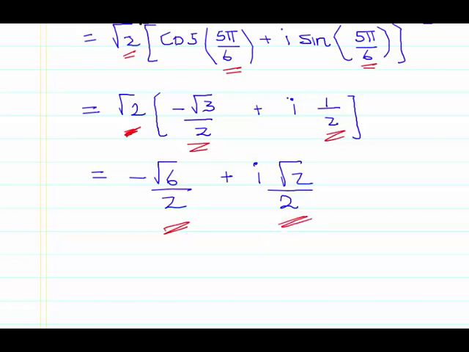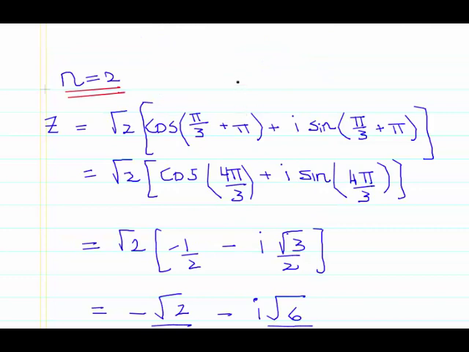Very quickly now. Here n is equal to 2, so we end up with 2 over 2 pi, which is just pi. Working that out, we get 4 pi over 3. When we evaluate cos and sine of 4 pi over 3, we get minus 1/2 and minus square root of 3 over 2, so minus 1/2 minus i square root of 3 over 2.